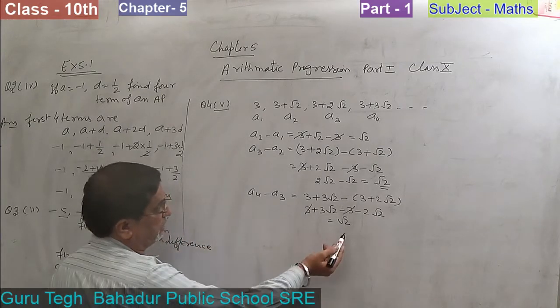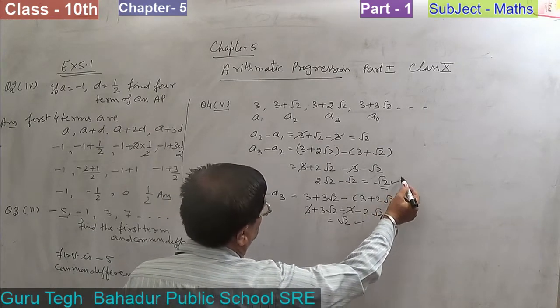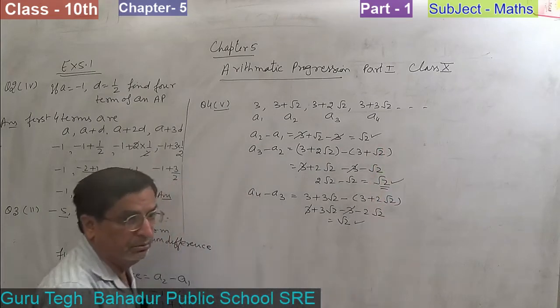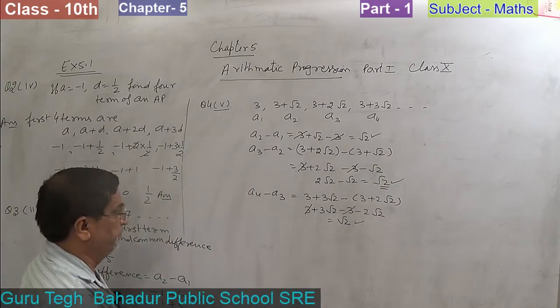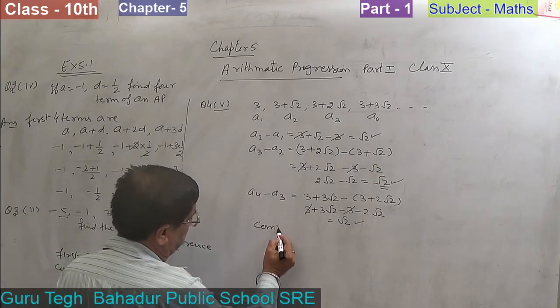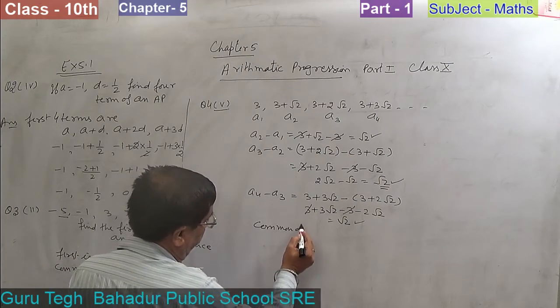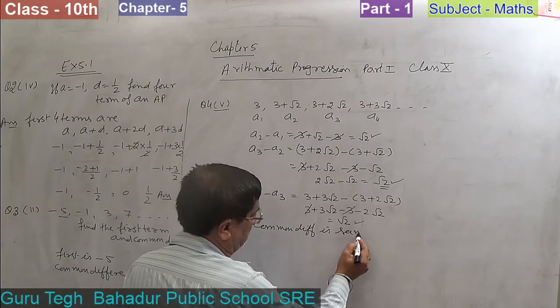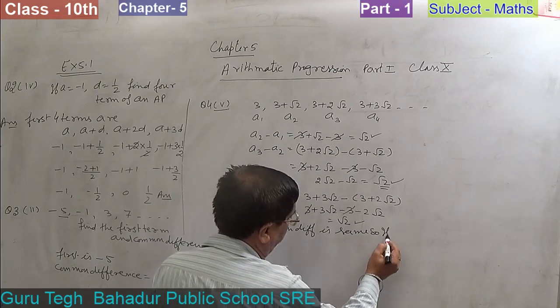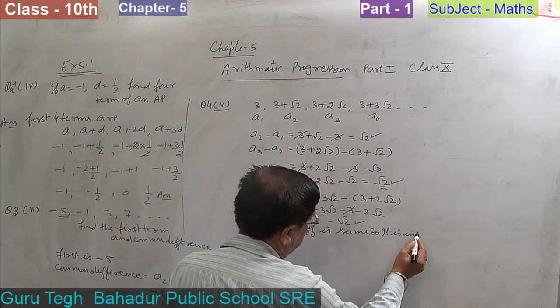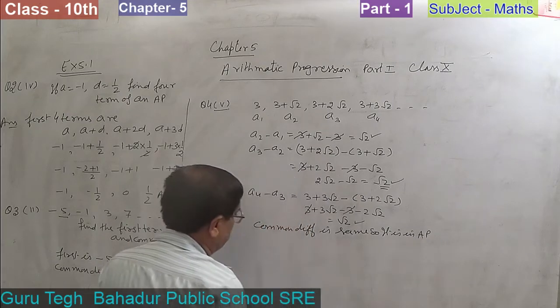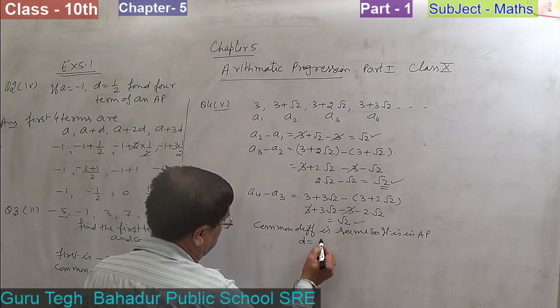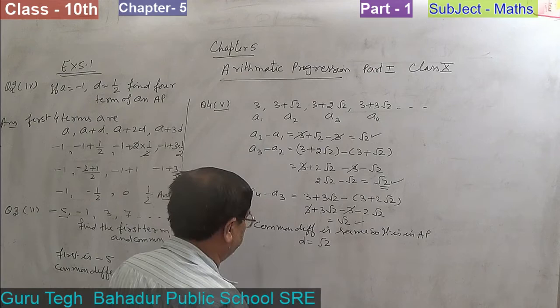The common difference, you see it, this is root 2, this is root 2, this is root 2. So it is the same. The common difference is the same, so it is an AP. Common difference d is root 2.